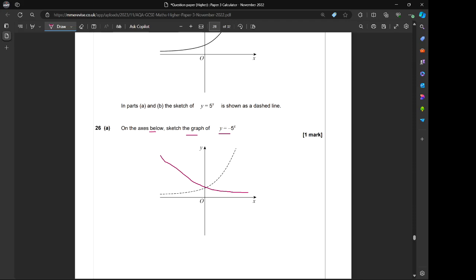For question 26a, the minus 5 there is a reflection in the y-axis.